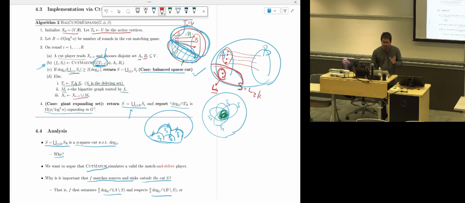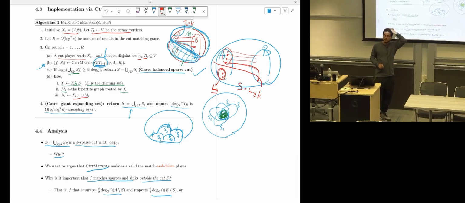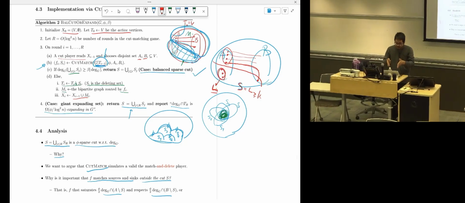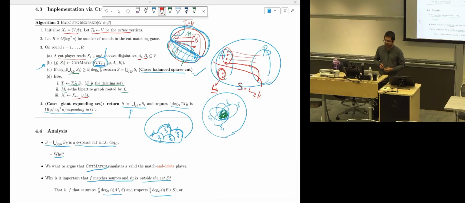Today's algorithm, everyone here actually successfully sends flow to the sink. But the problem is that if the cut looks like this, this guy might send flow to this guy. That's the problem. So what we learned today almost works, but it doesn't for this application, which needs something stronger.